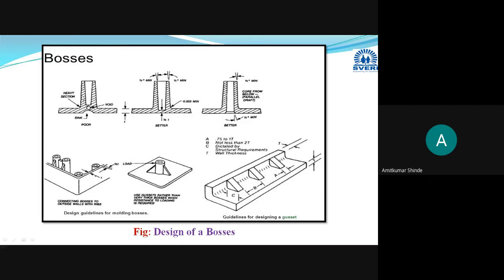Whenever more thickness, heavy sections, are used, some sink marks and voids will be there. So to avoid this, we manufacture the part with minimum thickness. Due to this, these voids and sink marks will get eliminated.